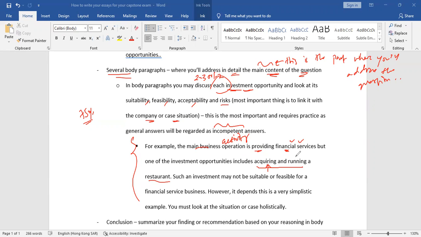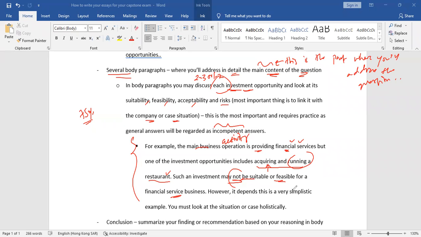It's a financial services company, but they plan to acquire and run the restaurant. So they might be actively involved in running restaurant operations, for which they may not have any experience. Such an investment may not be suitable or feasible for a financial services business. It's not in line with the overall business strategy, and probably not with the overall business objectives as well.